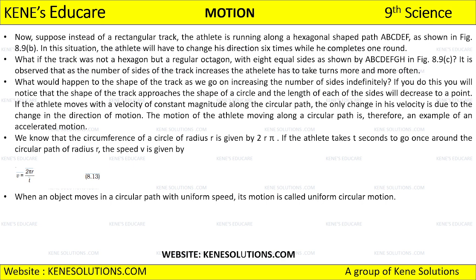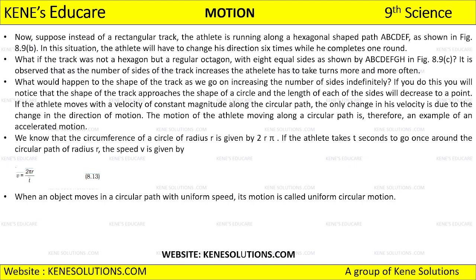So we know that the circumference of a circle of radius r is given by 2πr. If you remember, π has a specific value, 3.14; it's just extra information.